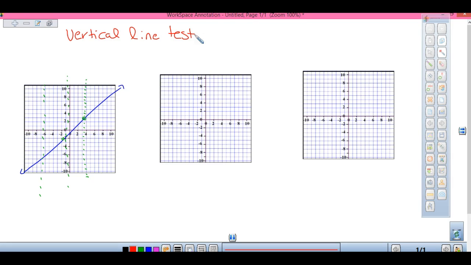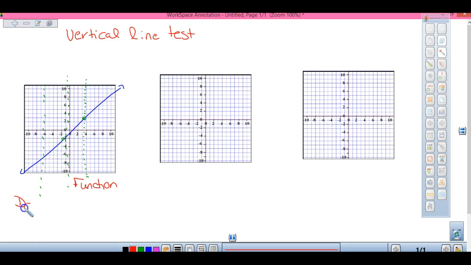Is there any vertical line that I can draw where it would go through this twice? Nope, there's not. So is this a function? Yes, this is a function. Now we have to talk about domain and range.